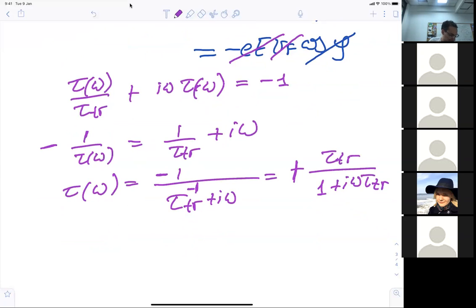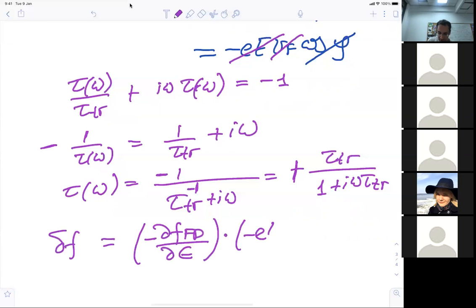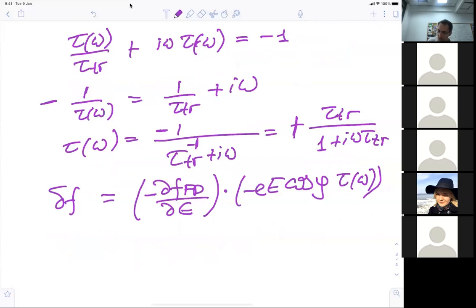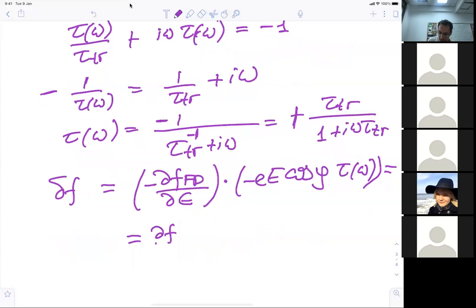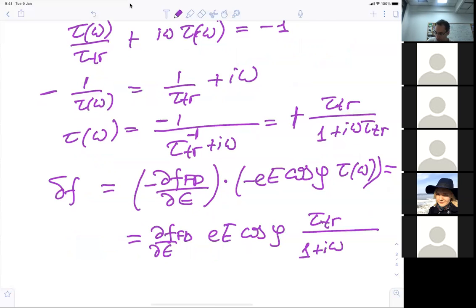So essentially, for the correction to the distribution function f, we now have a thing that goes like minus df Fermi-Dirac over d energy times minus E cosine phi tau of omega, which now reads df over d epsilon Fermi-Dirac times E cosine phi, and here tau transport divided by 1 plus I omega tau transport.